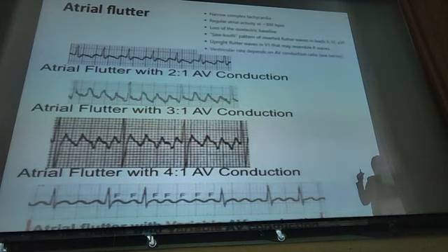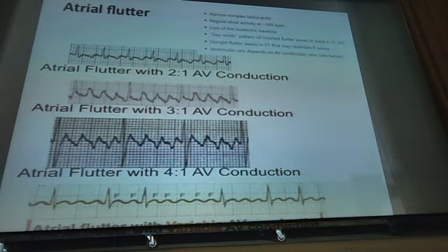Flutter has a sawtooth appearance. These are fluttering waves. In between are QRS. Sawtooth appearance. It is very easy to recognize because of the sawtooth appearance. This is atrial flutter.